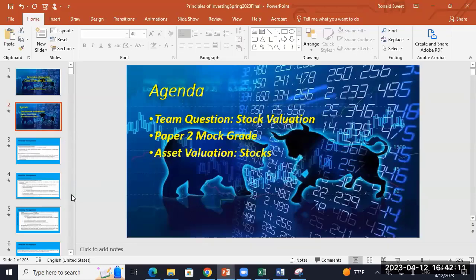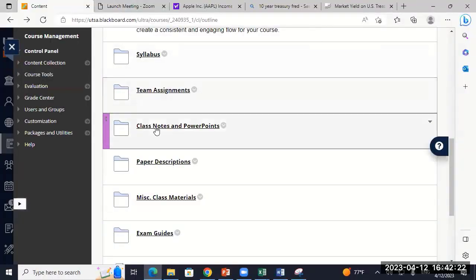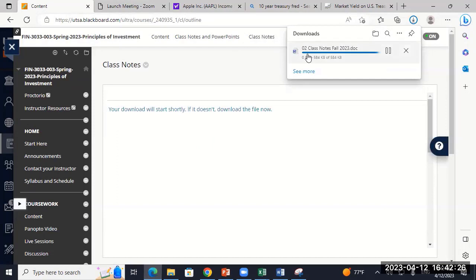You have them. They're in the class notes, in the Word document. So you can find them in there. I forgot I did that. I used to have it as a separate file, but I said, I'll just put it in the notes.